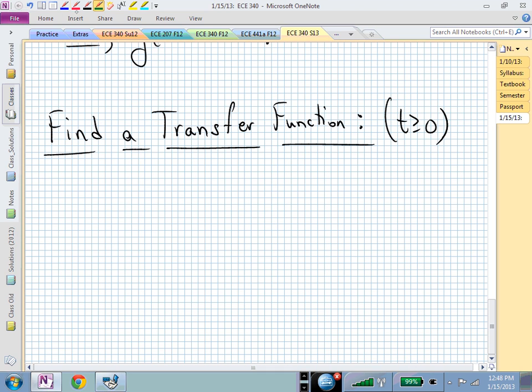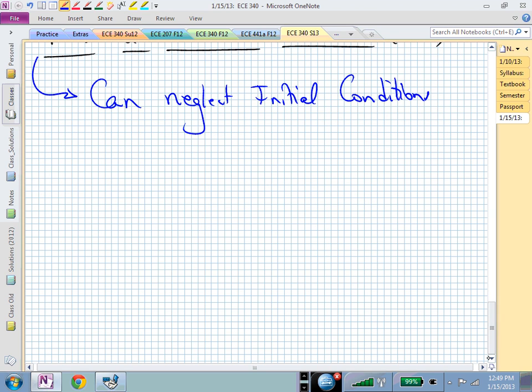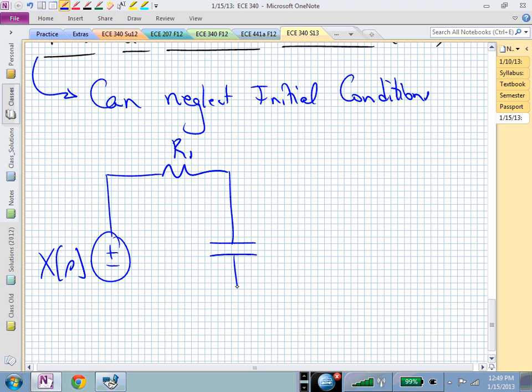With a transfer function, then, I'm going to just remind us that we can neglect these initial conditions. If that's the case, now let's see, what do I have? I have this source or input. The resistor R1 is not frequency dependent. That's just R1. I have my capacitor, 1 over SC.